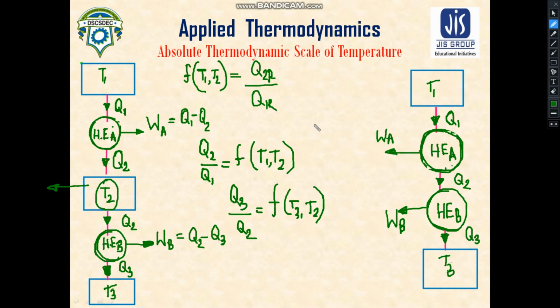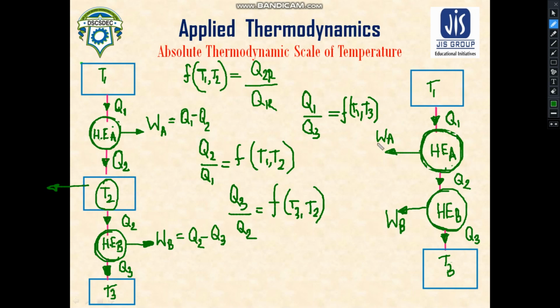We can simply write Q1 by Q3, which will be simply a function of T1 and T3. Okay, so we are following the same logical pattern. There is no change here.